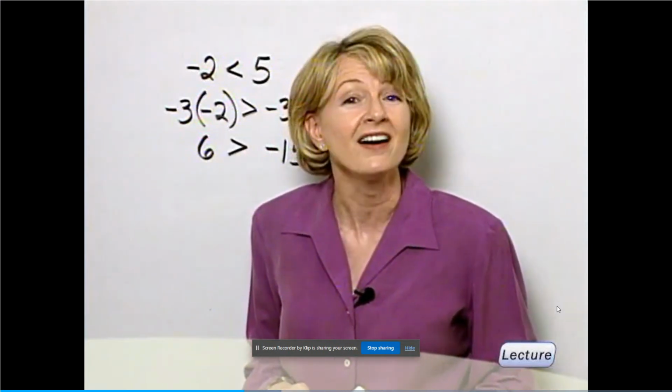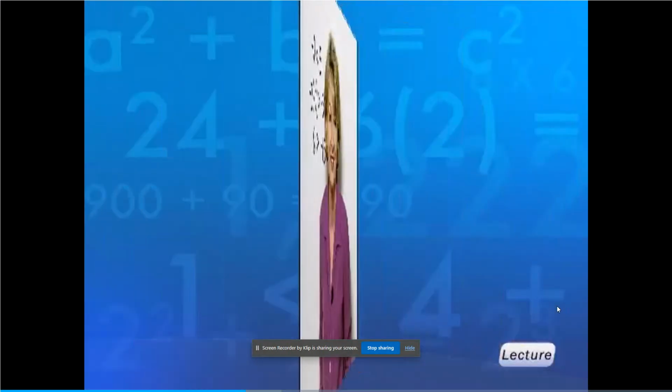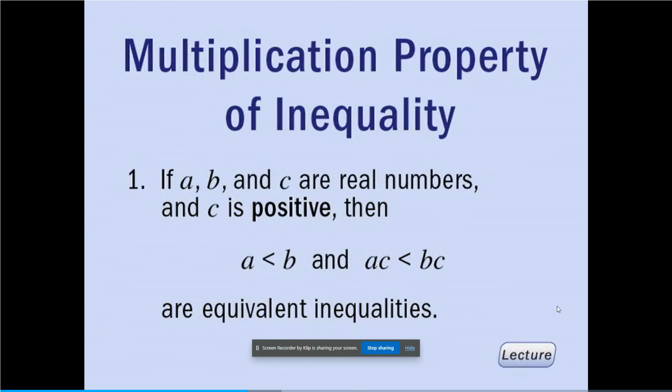So let's look at the following multiplication property of inequality. And it's in two parts depending on whether we are multiplying by a positive or negative number. If A, B, and C are real numbers and C is positive, then A is less than B and A times C is less than B times C are equivalent inequalities.